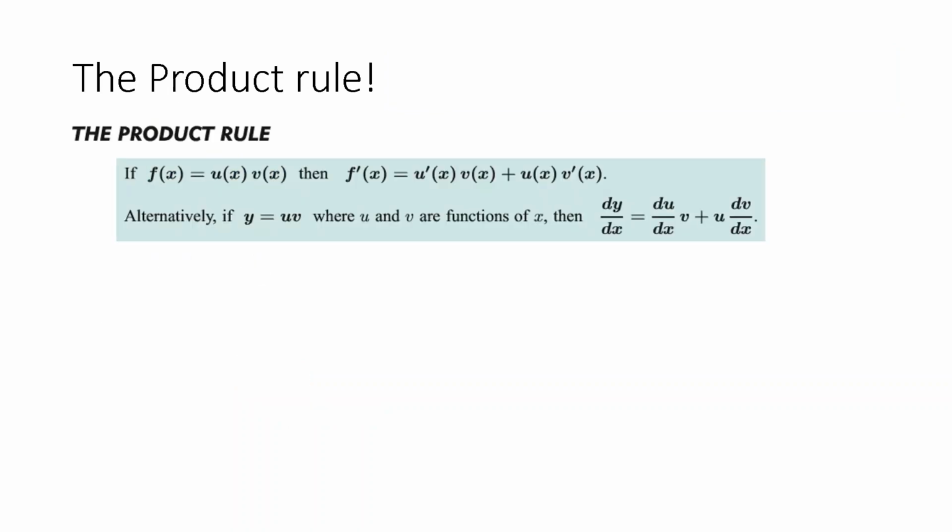So the product rule is similar to the chain rule. It allows us to differentiate complicated functions much more easily. This is used when there is a function multiplied by another function.